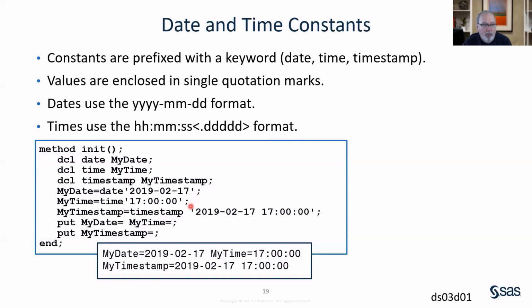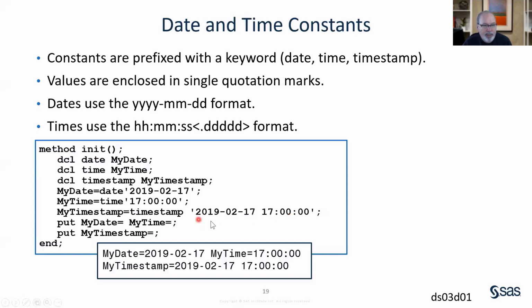Time is always formatted as a 2-digit hour using a 24-hour clock, a colon, a 2-digit minute, a colon, and 2-digit seconds. You can add a decimal point and up to 5 digits of fraction, if you wish, to a time value. Timestamps are basically a combination of the two formats above with a space in between them.